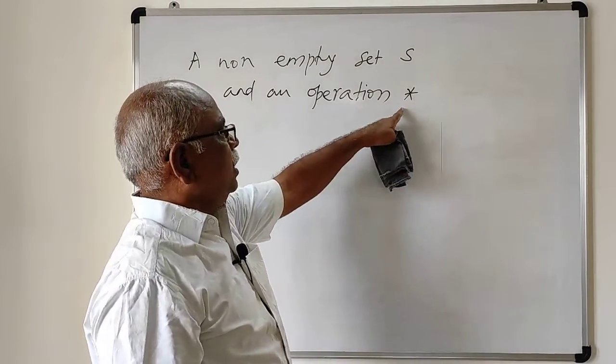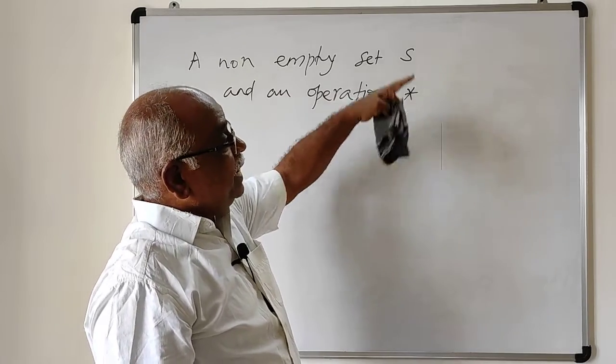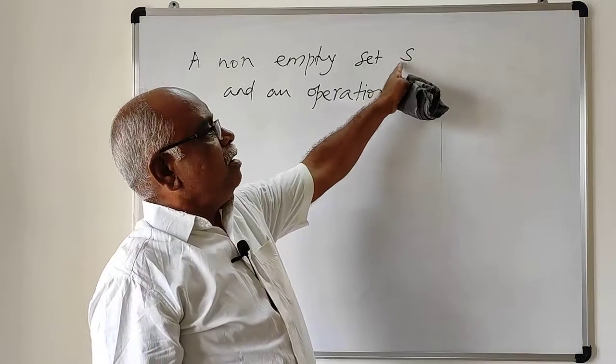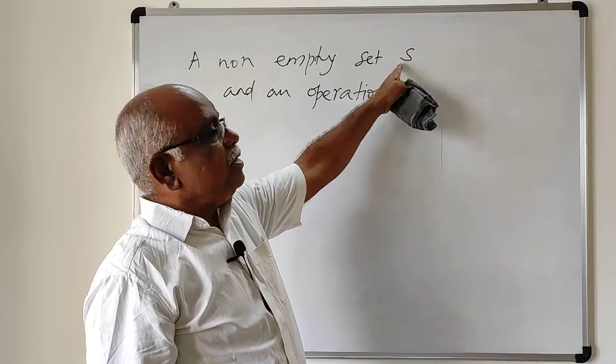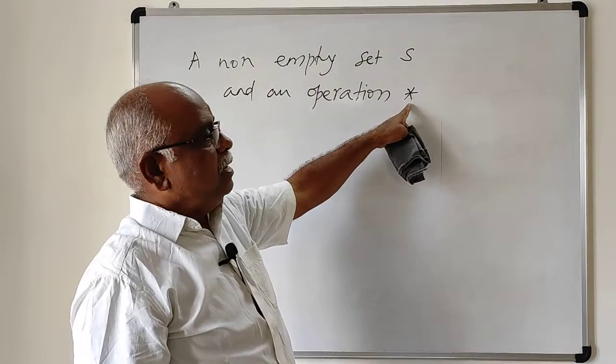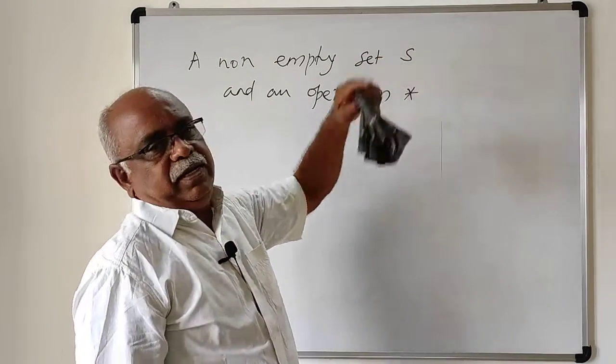This operation star is said to be binary on the set S, means for any two elements in the set S, after operating this operator, the resulting element is also in the set S.